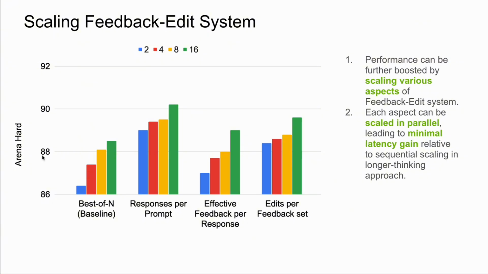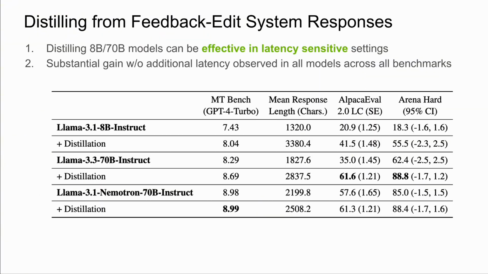So if you do, for example, 16 responses per prompt or 16 effective feedback rather than 2 effective feedback, your latency actually wouldn't increase. Whereas I think at that time, the most popular way of thinking about it was like O1 or R1. So if you want to scale your inference time, that increases, I think, quadratically, which is kind of bad.